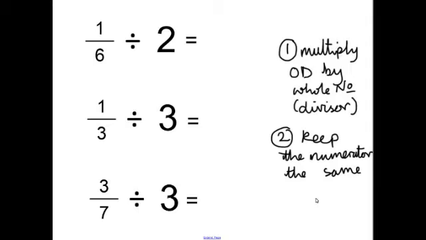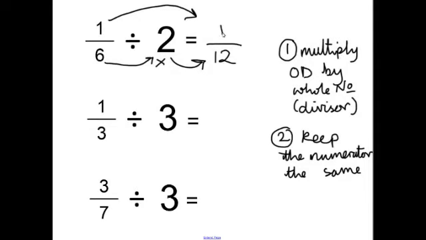Okay, so if we consider our first one, we've got 1/6 divided by 2. So let's multiply the original denominator by the whole number divisor. 6 times 2 is 12, so our new denominator is 12. Then we go to the second step, keep the numerator the same, so it's 1/12. 1/6 divided by 2 is 1/12.